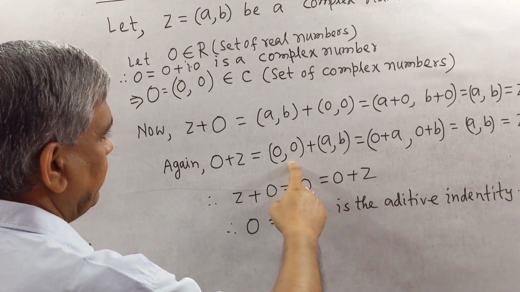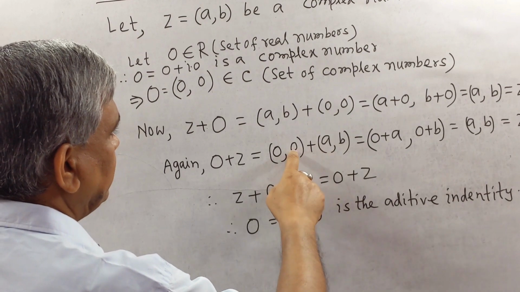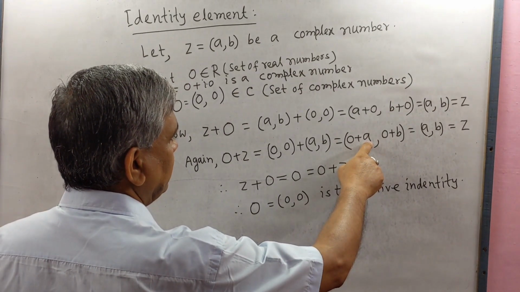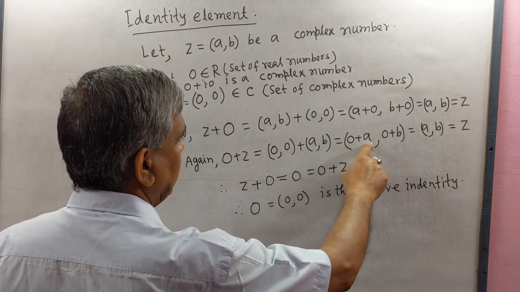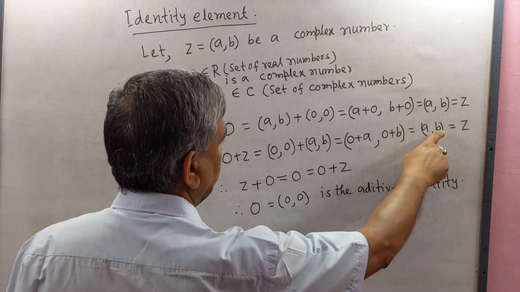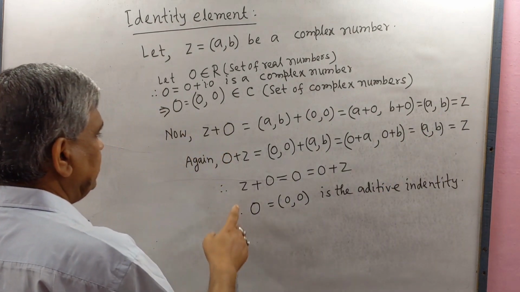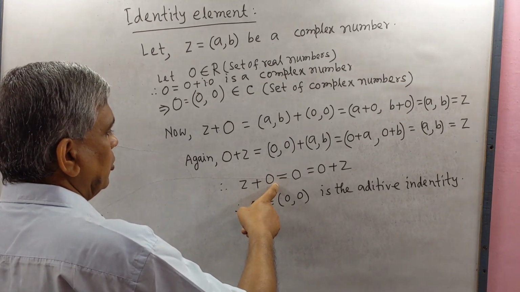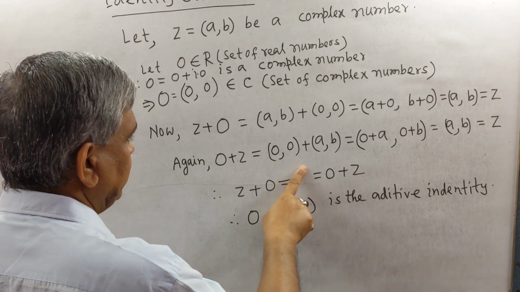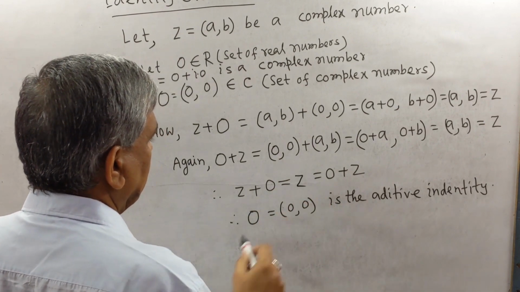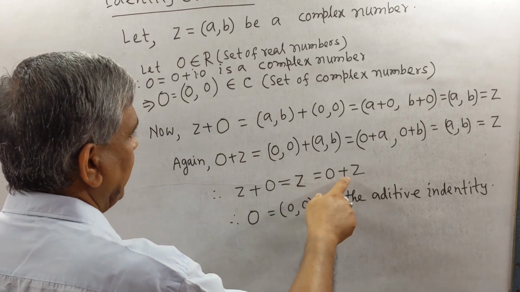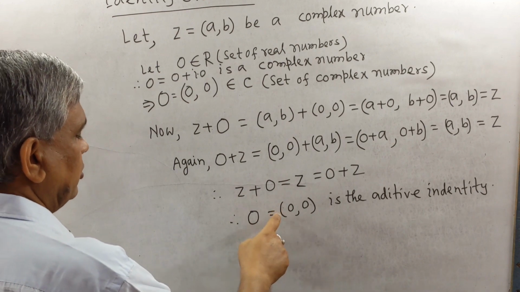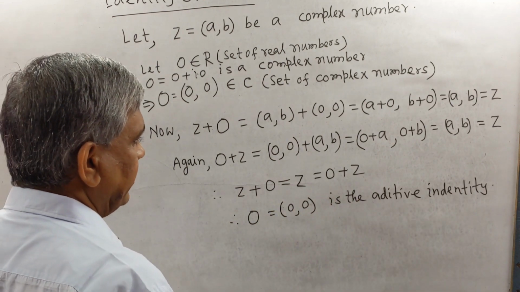Now addition of two ordered pairs is 0 plus A, comma 0 plus B. 0 is the real number 0 and A is a real number, so 0 plus A equals A and 0 plus B equals B. This is equal to Z. So Z, a complex number, plus the complex number 0 equals Z equals 0 plus Z. 0 is the complex number. So capital 0, this ordered pair 0, 0, is the additive identity.